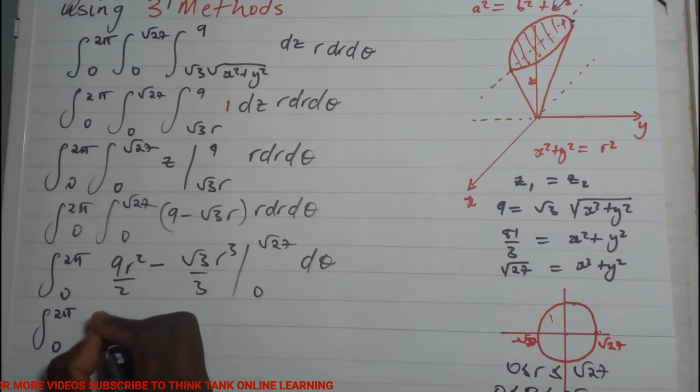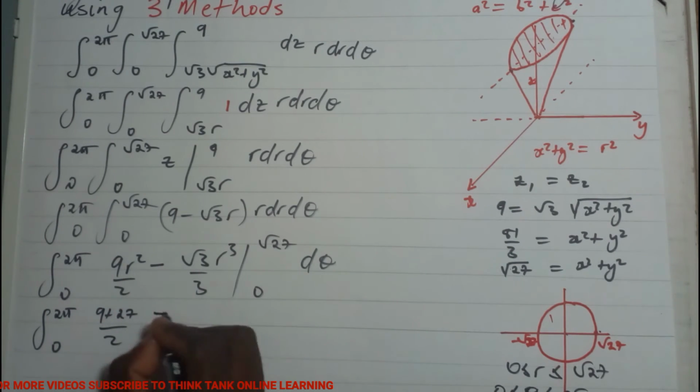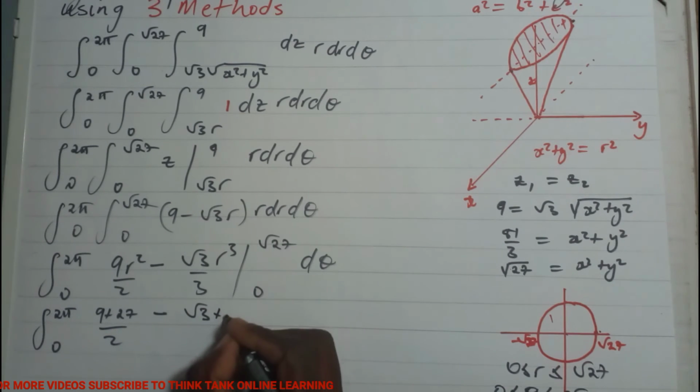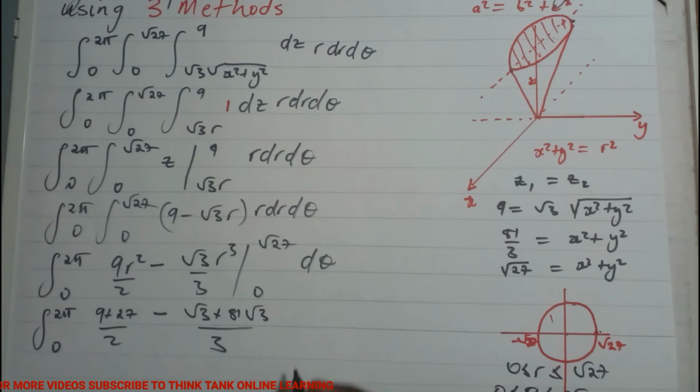So you're going to get 9 times 27 over 2 minus root 3 times 81 root 3 over 3 d theta. Okay, and if we simplify, you can see root 3 times root 3. Okay, this is going to cancel.